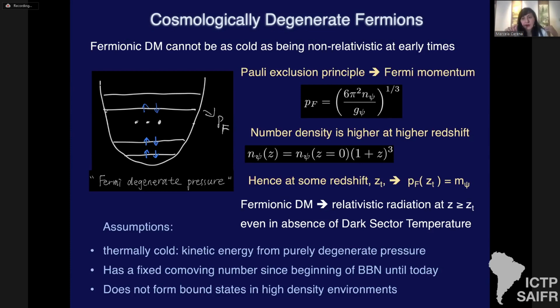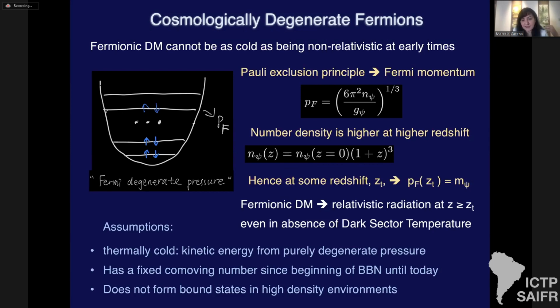This is because we are basically thinking that the fixed comoving number has been fixed by some mechanism at the beginning of BBN until today. So basically we can analyze this with zero temperature, and the only kinetic energy it has is coming from the Fermi pressure, from the Fermi momentum. So that's what it says, in the absence of dark sector temperature. All the analysis we have done is for zero temperature for the dark fermions.